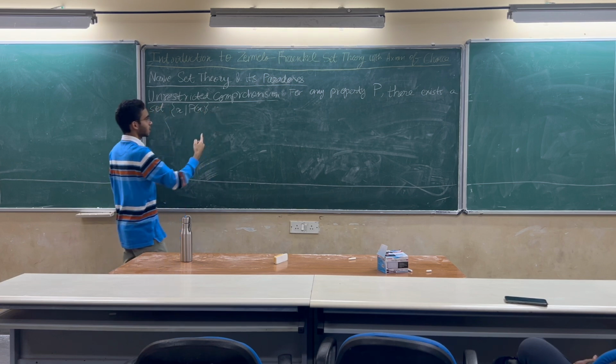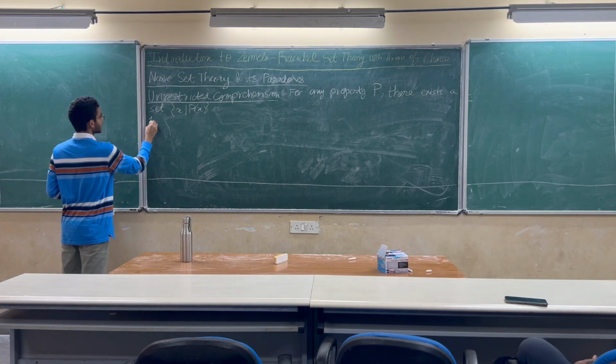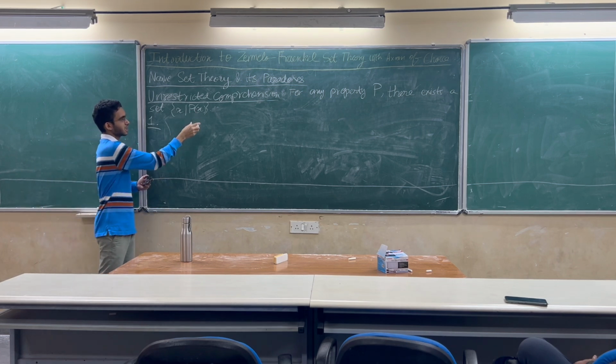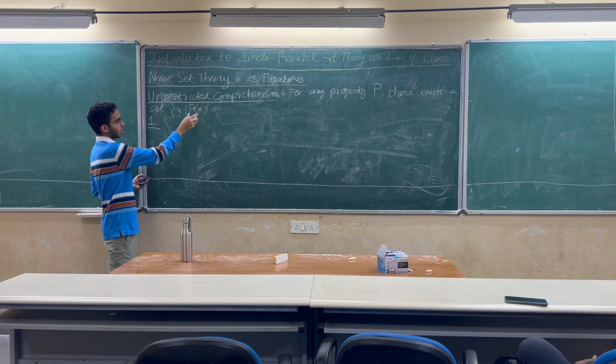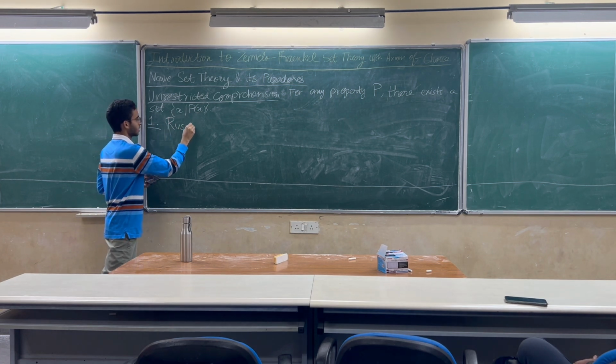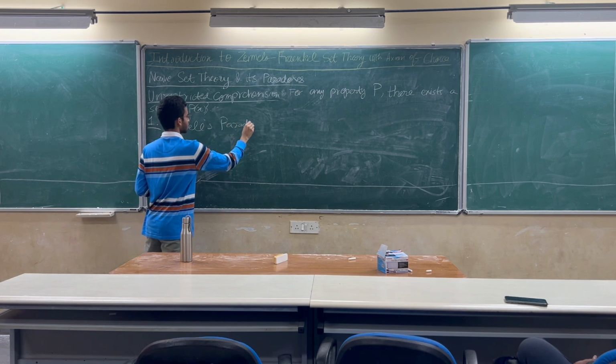This was assumed during the earlier days, and it gave rise to many paradoxes because certain mathematicians like Burali-Forti and Russell chose some very weird choices of this property. The first one is called Russell's paradox. I'm pretty sure all of you have heard about it, so I'll just tell it in words.